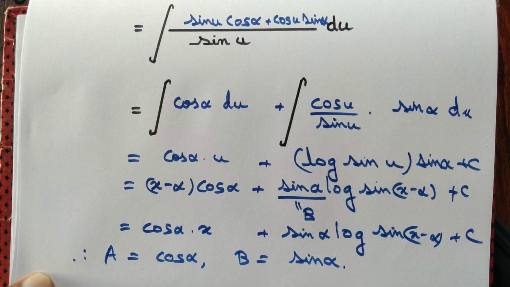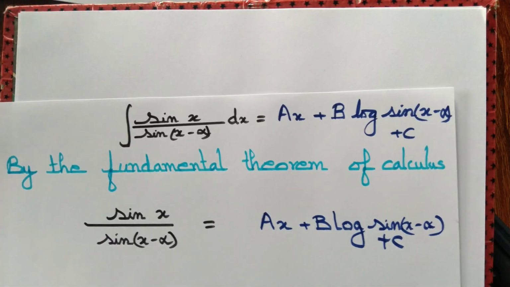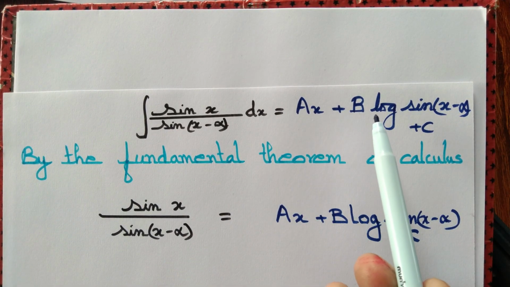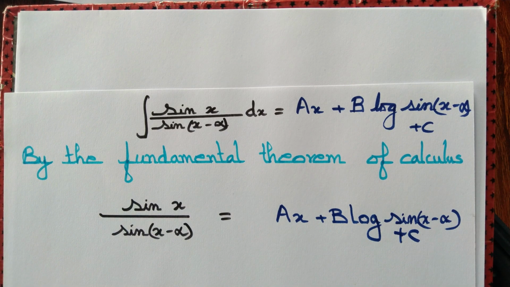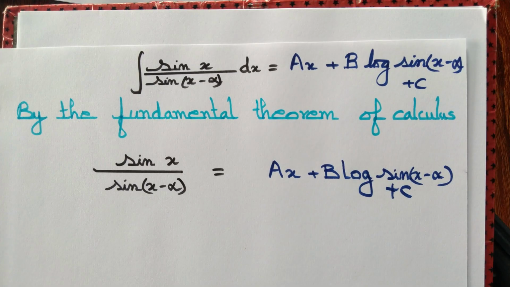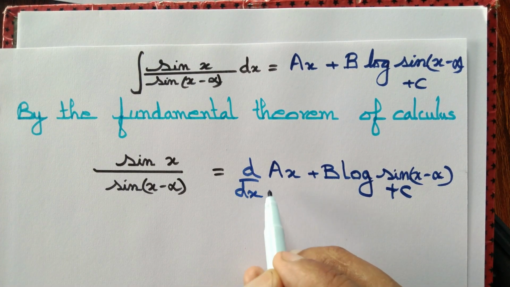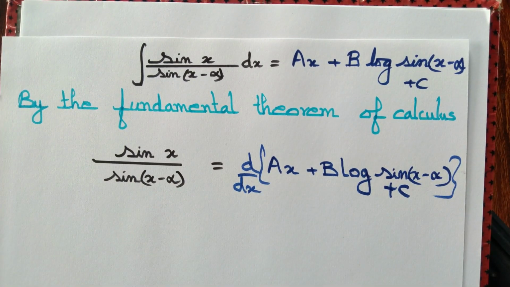As we said earlier, we can do it by another method, so we will do it by another method. Once again, we have the given integral equal to ax plus b times log of sine of x minus alpha plus some constant. By the fundamental theorem of integral calculus, integral is the opposite of differentiation. So we'll just differentiate the right hand side to get the function sin x by sine of x minus alpha.